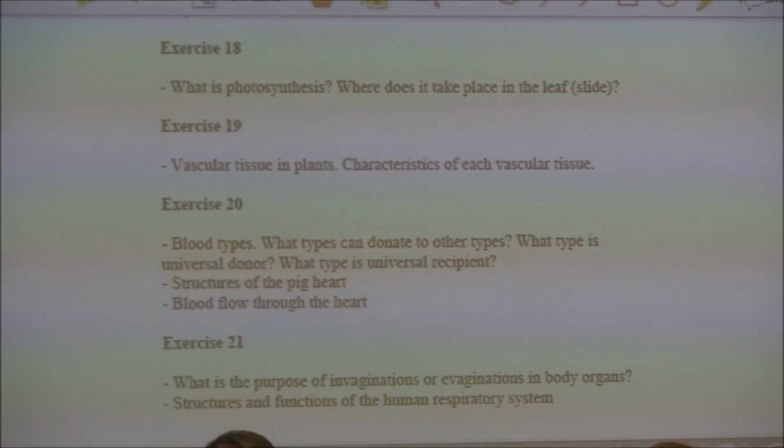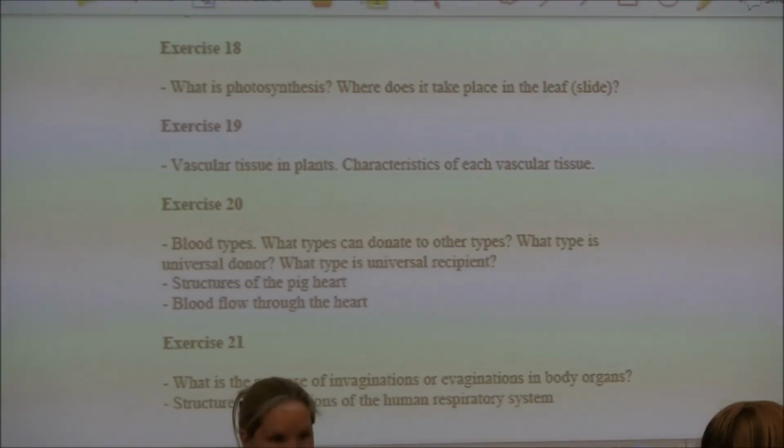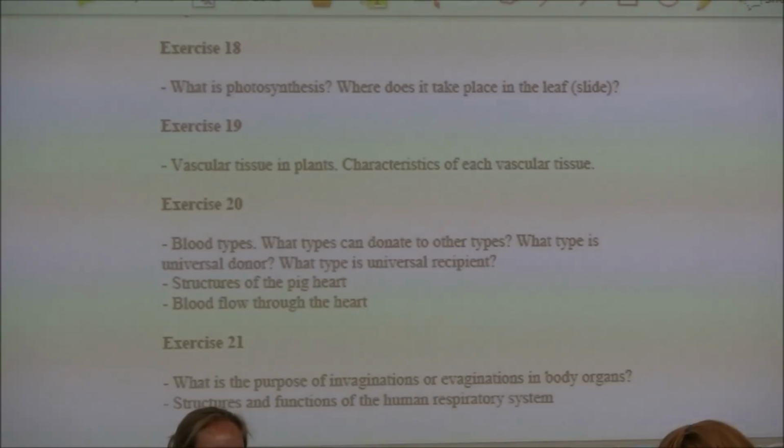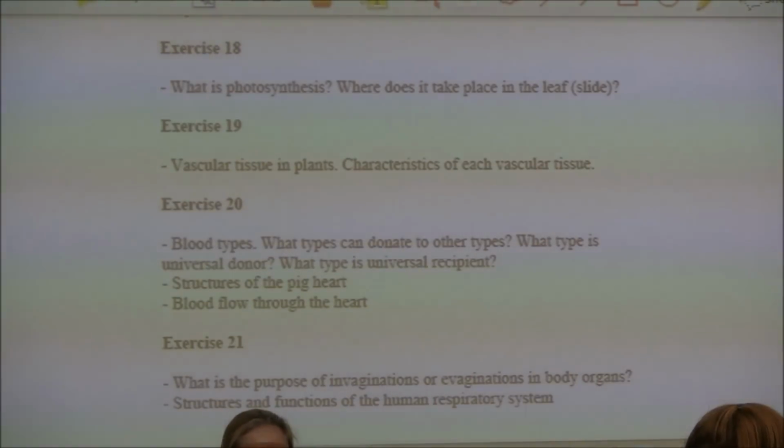So, again, for those leaf slides, guys, well, for your stems, you need to know xylem and phloem. That's actually exercise 2. Okay, so for stems, you need to know xylem and phloem. For leaves, you need to know xylem, phloem, and what the mesophyll is, okay?